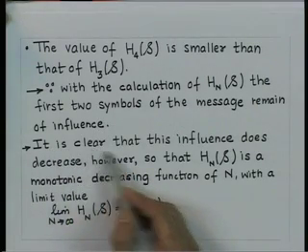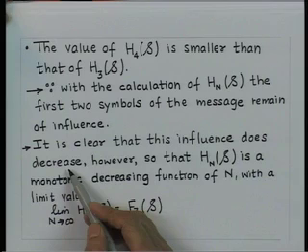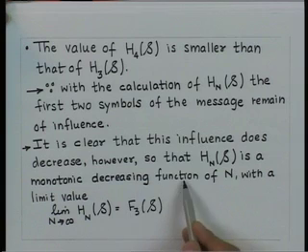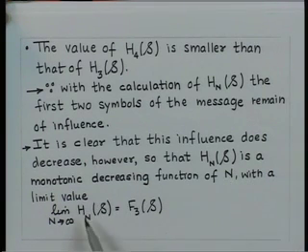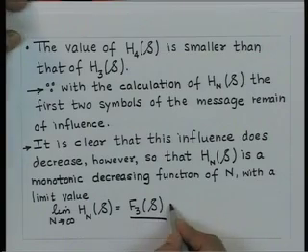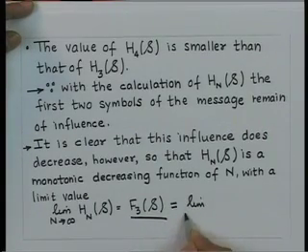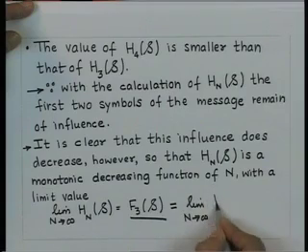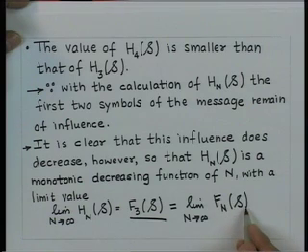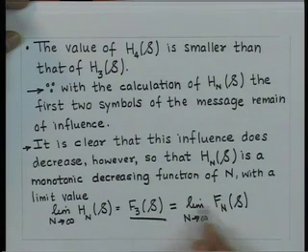It is also clear that this influence does decrease, so that HNS is a monotonic decreasing function of n with a limit value. So, if you take the limit of HNS as n tends to infinity, you will get the same as F3S, because F3S is nothing but the limit of n tending to infinity of FNS, and because our source is a second order Markov source, FNS for n greater than or equal to 3 is the same as F3S.